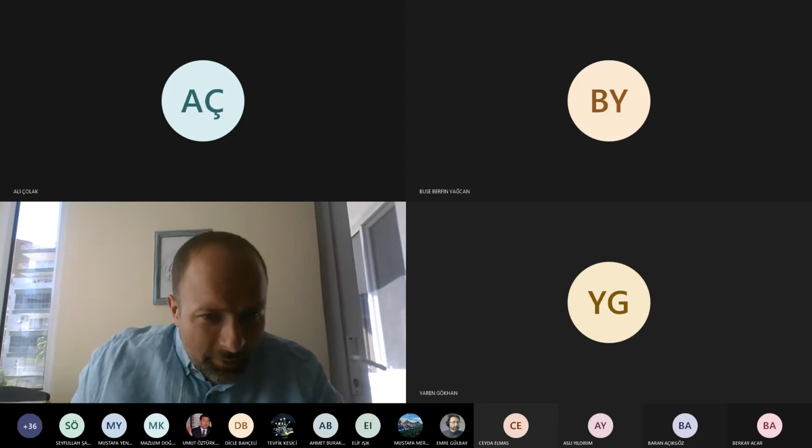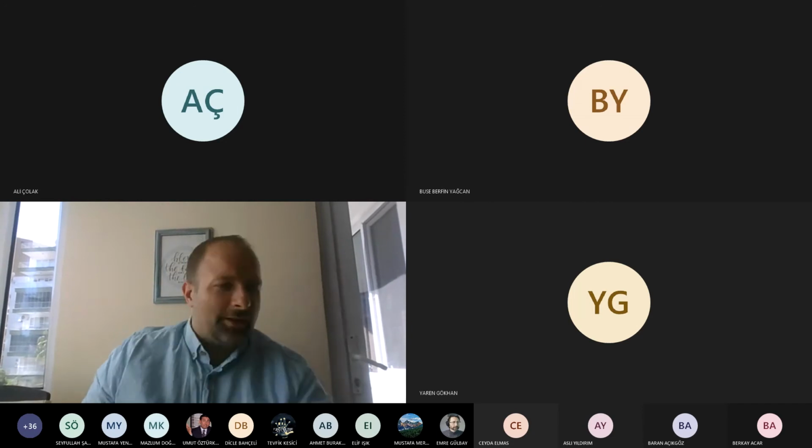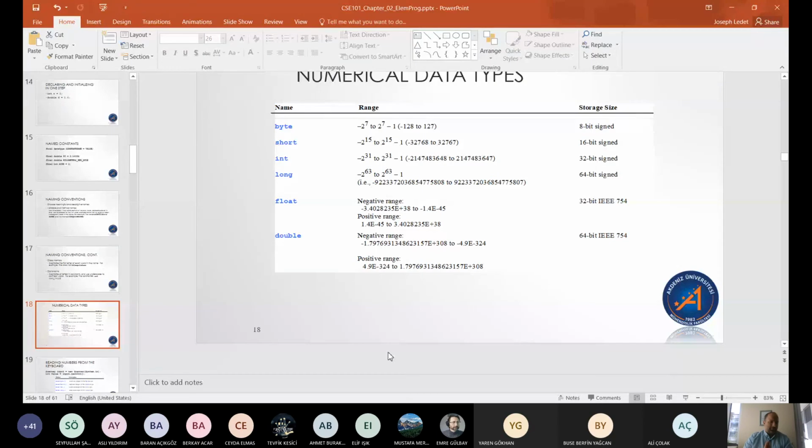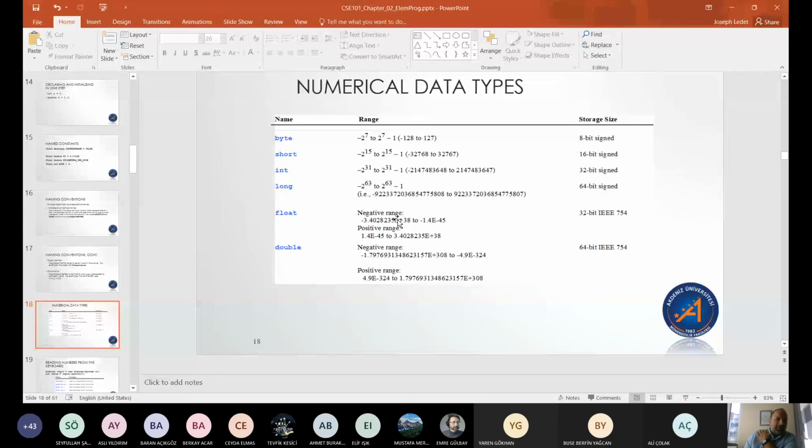All right. But what I want to do is talk now about numerical data types, right? So I skipped over the name conventions that I will talk about, but this numerical data types is important. Primarily, like I said, the computer talks in ones and zeros, right?